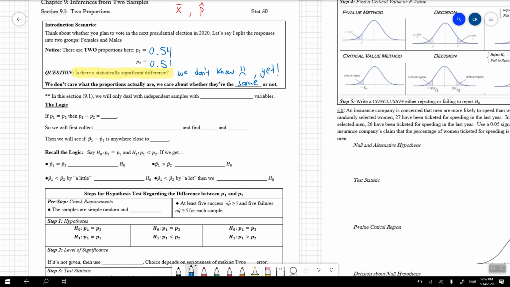So in 9.1, we're only going to deal with independent samples. That means these independent samples are going to have to be for qualitative variables. In other words, we're going to be looking at categorical data.